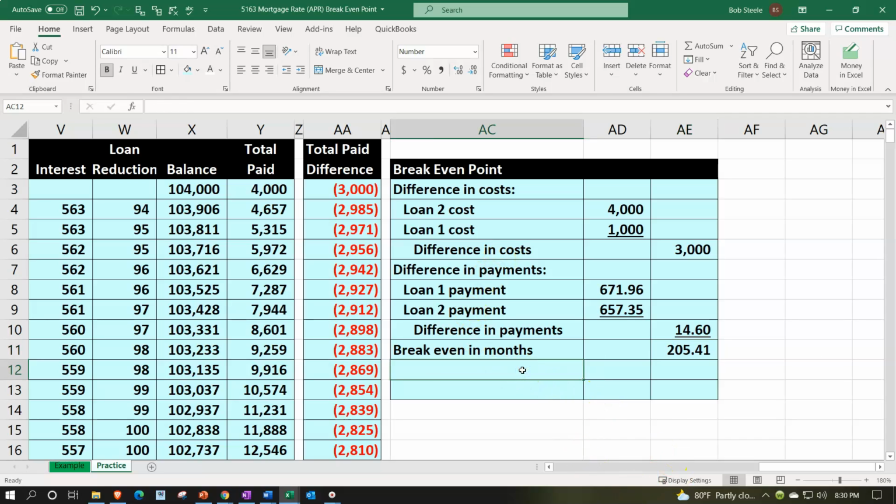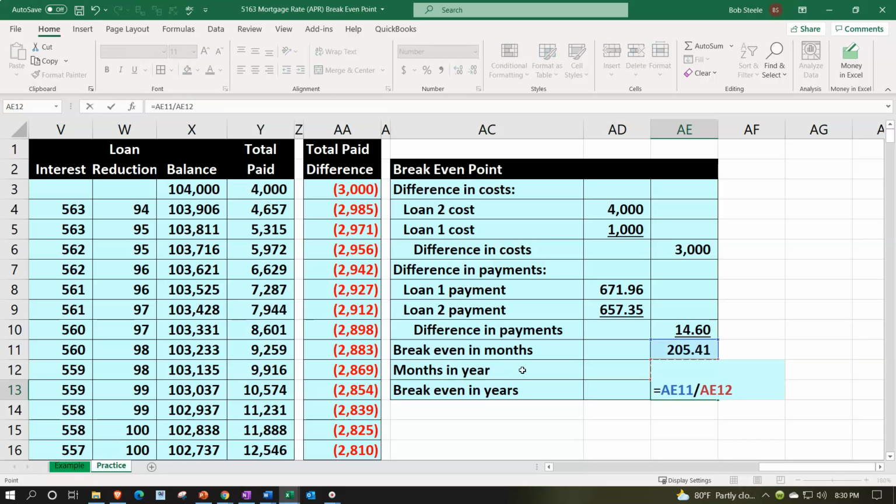If I say months in a year is 12, we get the break even in years, which is equal to the 205.41 divided by 12, or about 17.12 years, right?